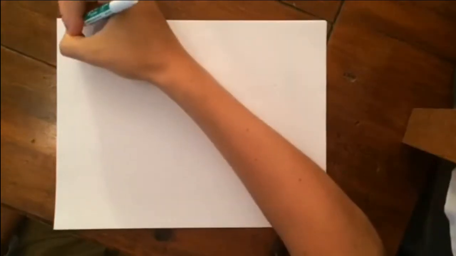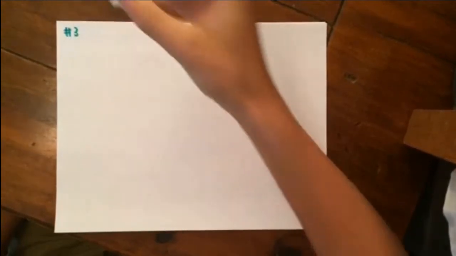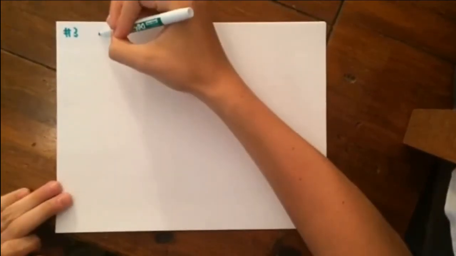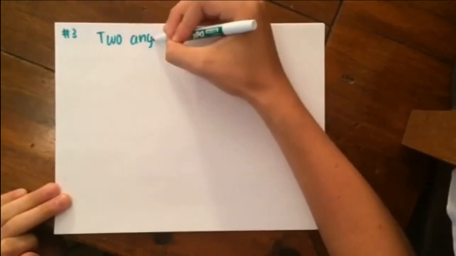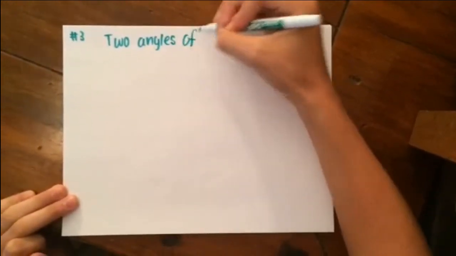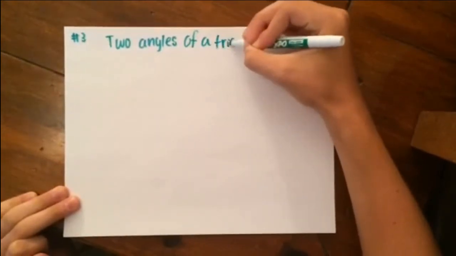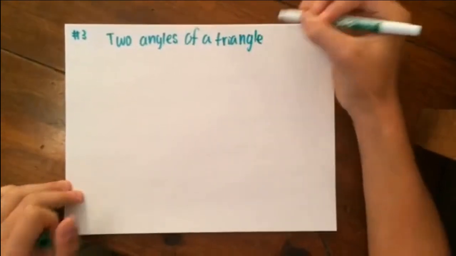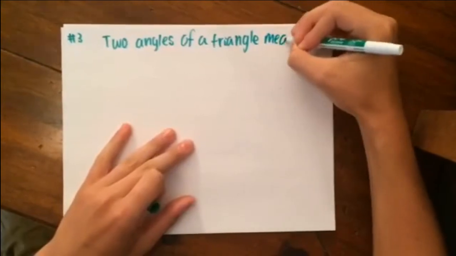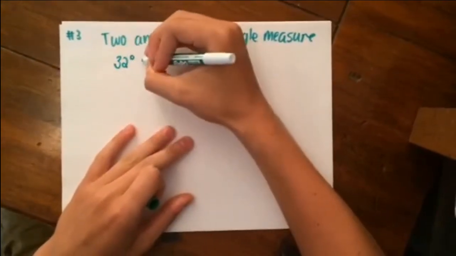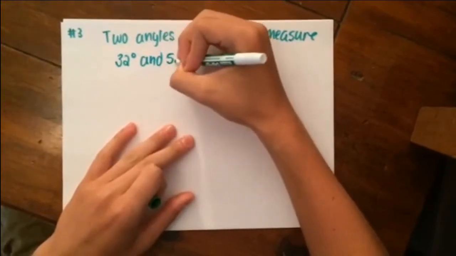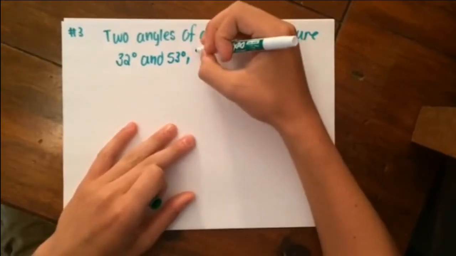Okay, so this is problem number 3 of the law of sines. So this problem, two angles of a triangle measure 32 degrees and 53 degrees.